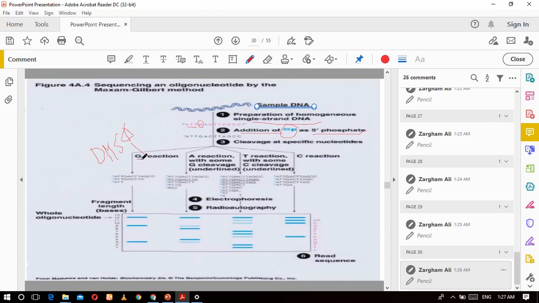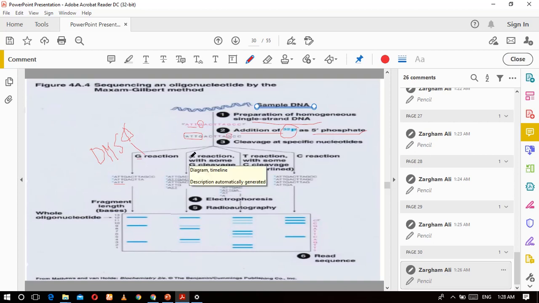DMS removes the G wherever it is found in the DNA sequence. As you can see, when the G is removed from ATTG, we have ATT left. Then we have another G there, and it is removed.